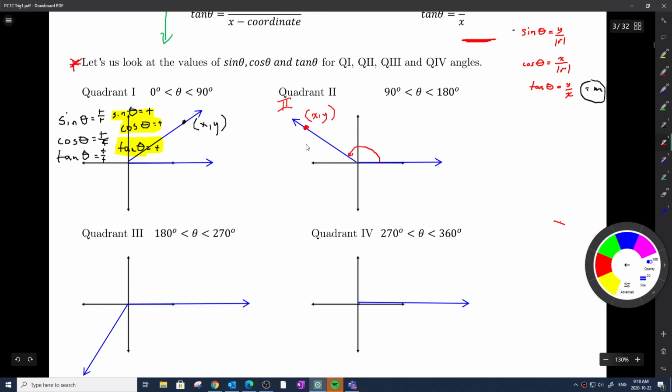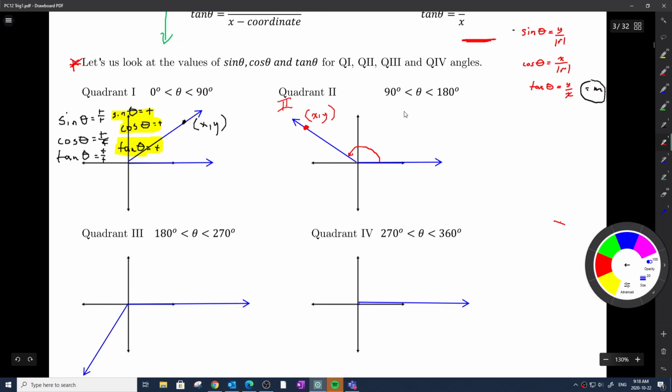Is your x coordinate positive or negative? Well, I'm hoping that you're going to say your x coordinate is negative for all points in quadrant number 2. Your y coordinate is always positive for any point in quadrant number 2. So x's are negative, y's are positive. Your radius vector is always positive.